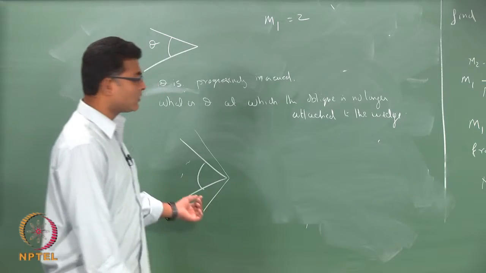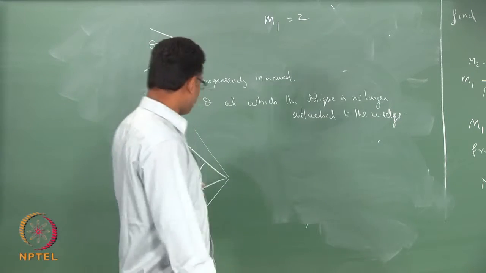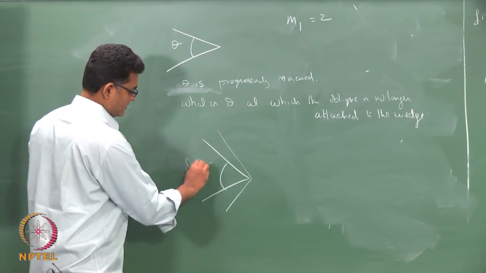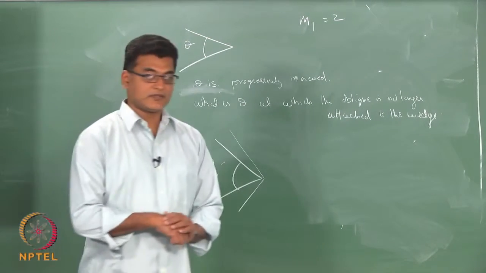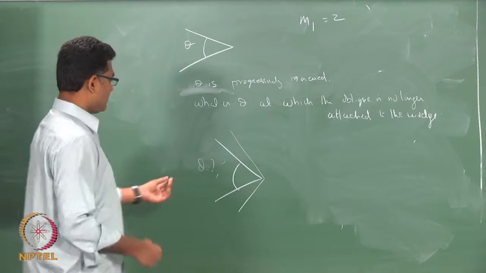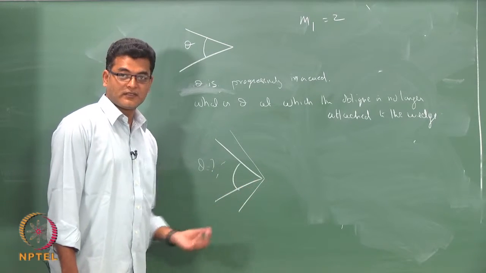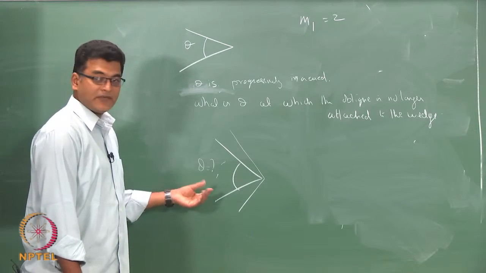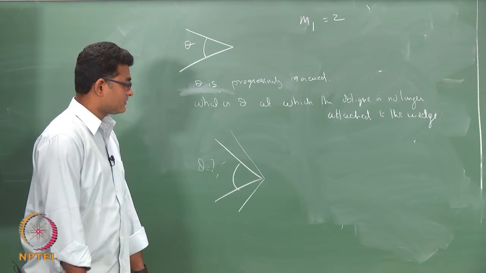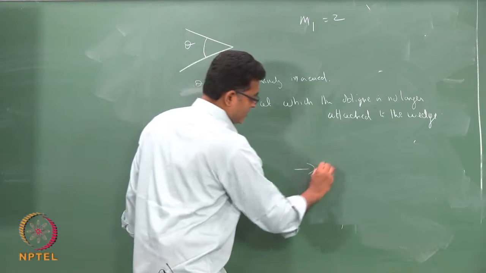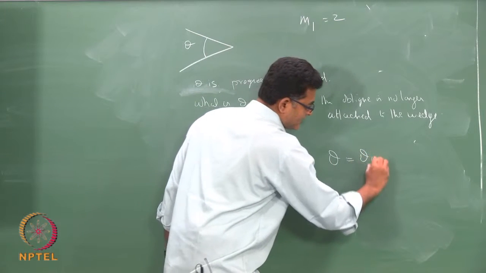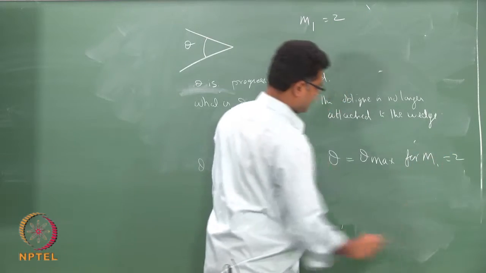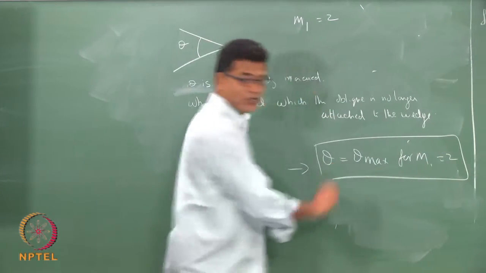It is no longer attached to the body. So, what is this theta at which the shock is no longer attached? So what do I mean by that? You need to find what is the theta max for M1 equals 2, that is all you need to do.